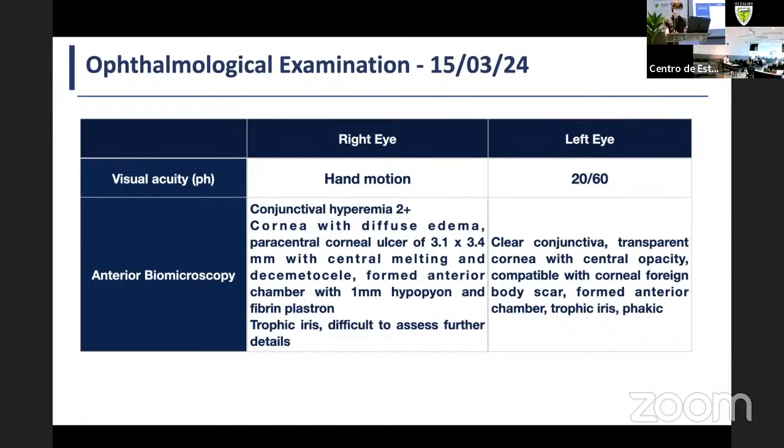In his left eye, we saw a clear conjunctiva, a transparent cornea with a central opacity compatible with a corneal foreign body scar, a formed anterior chamber, trophic iris, and it's phakic.